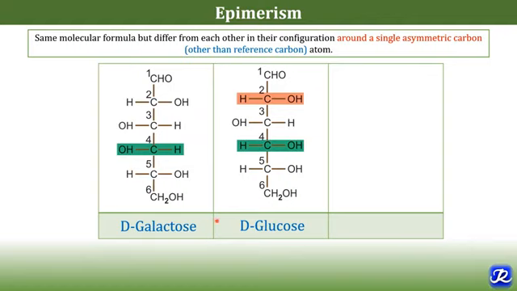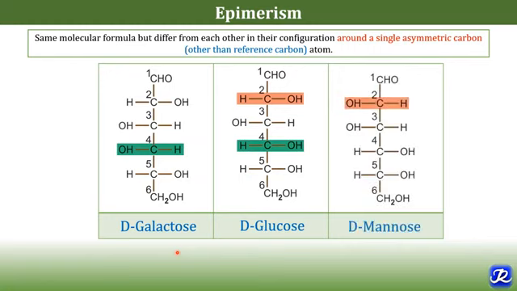So there is a difference in the orientation of the hydroxyl group at carbon number 4, which is other than the reference carbon. The reference carbon atom here is carbon number 5, but the change in orientation is at carbon number 4, and that's why D-galactose is the 4th epimer of D-glucose.